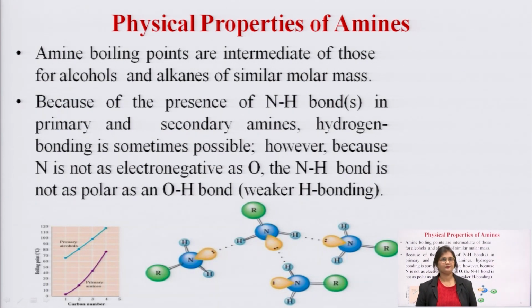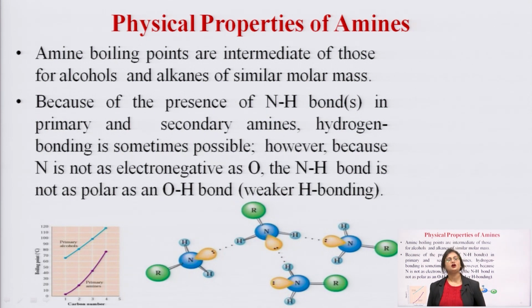Moving on further, amine boiling points are intermediate between those of alcohols and alkanes of similar molar mass. So, amines have a boiling point which lies between that of alcohols and that of alkanes.